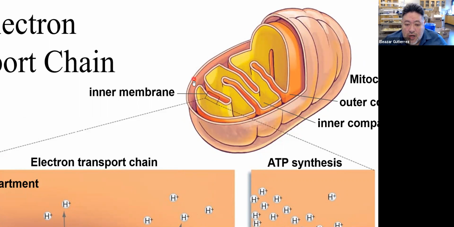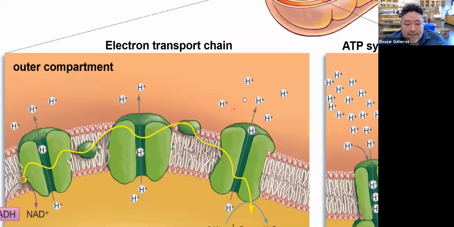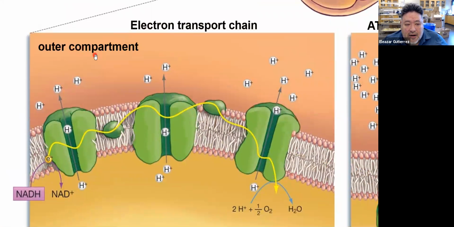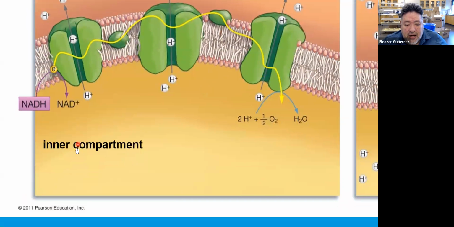And then the orange is the intermembrane compartment that lies between the outer and the inner membrane. Okay? So yellow, inner compartment, orange, intermembrane space. Okay? So now we're going to blow that up, and they're showing the outer compartment, which is the intermembrane space, and they're showing the inner compartment, yellow, which is the matrix.